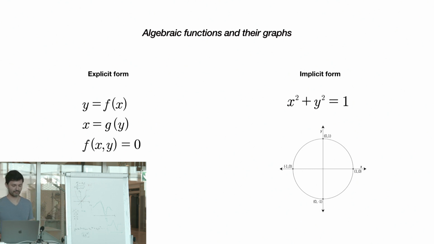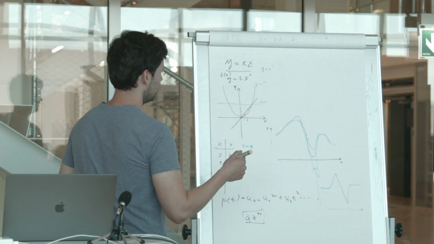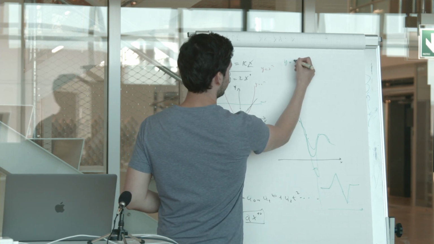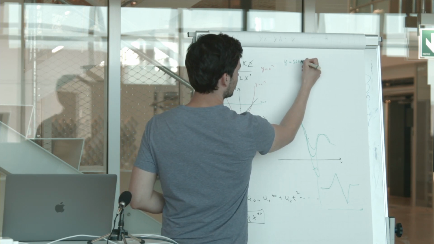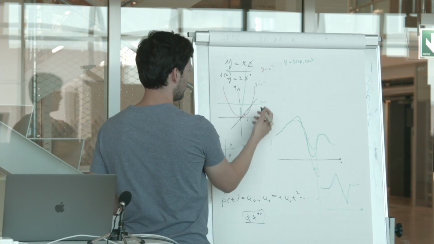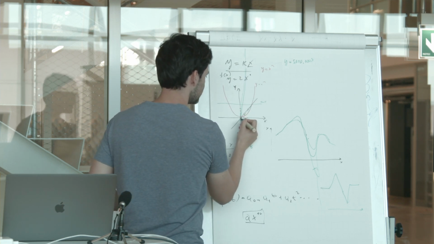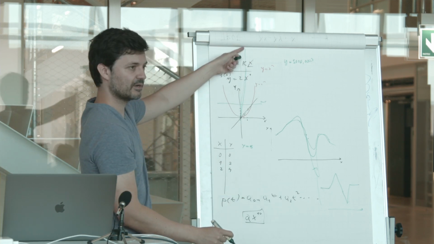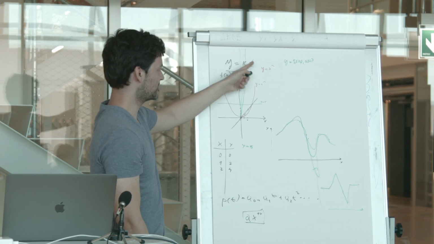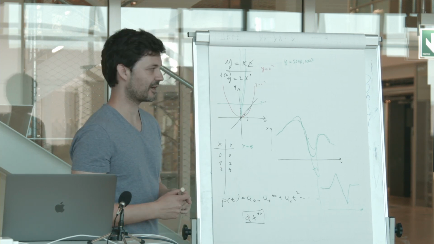This is called an implicit form, but it does not work well for representing curves. For example, you can represent a function y equals 5 million x, and this curve will be very steep, but it can never become vertical. Why? Because this number would need to be infinitely large. Therefore, we cannot represent a vertical line in this way.